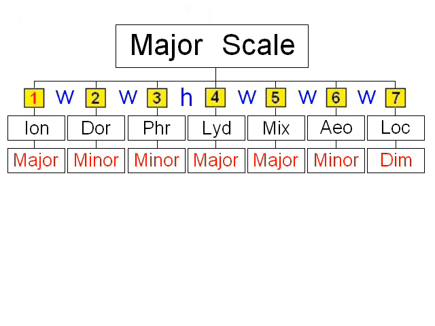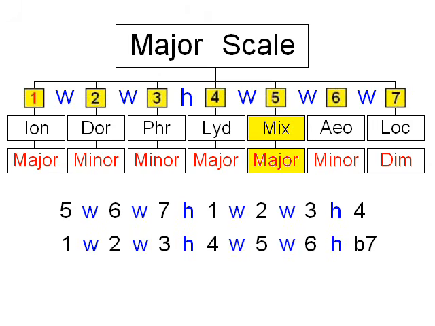Because each mode is effectively an individual scale, you should see their tones in relation to their root rather than the parent scale's root. For example, if we take Mixolydian, the 5th mode of the major scale, and lay out its intervals from that 5th degree, the 5th now becomes the root or the first tone of that mode.